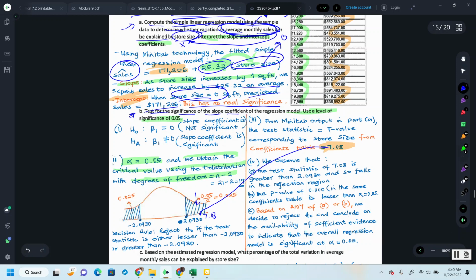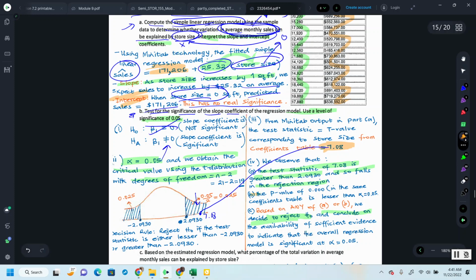Since the test statistic is greater than 2.093 and falls in the rejection region, we're definitely going to reject the null hypothesis and conclude that the slope is not nothing. It is significant. So as it stands, that will be our conclusion.